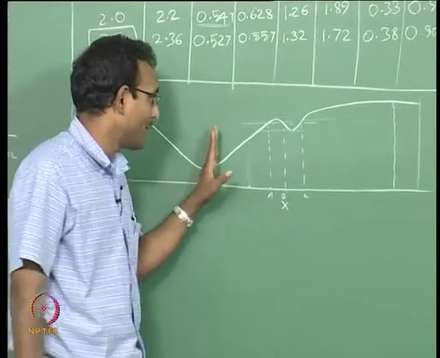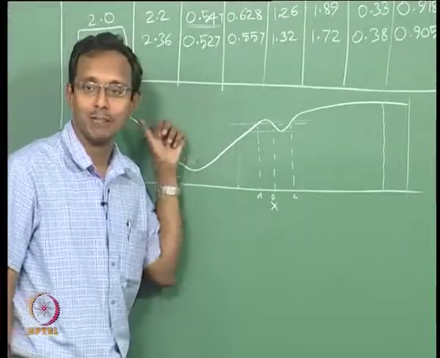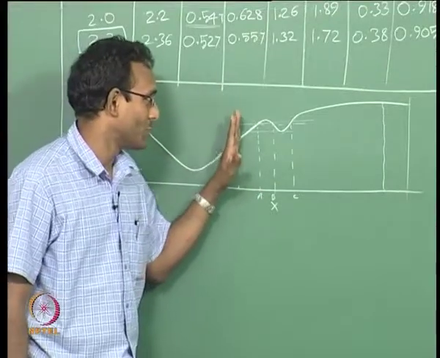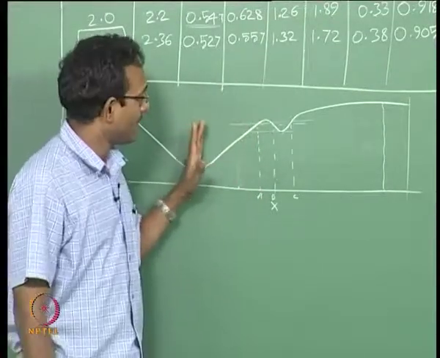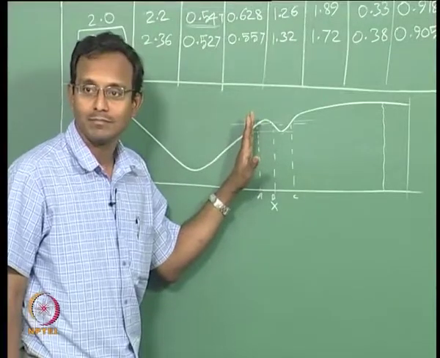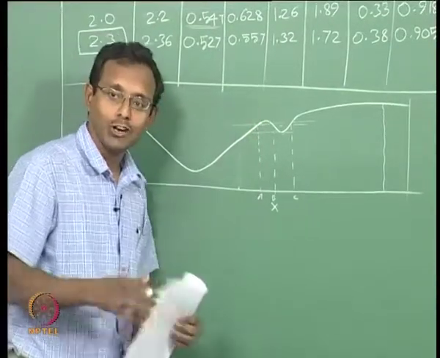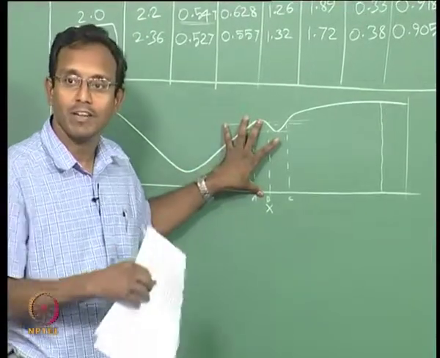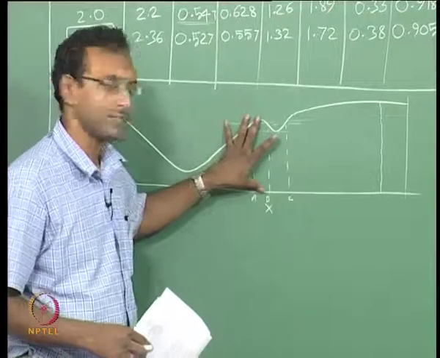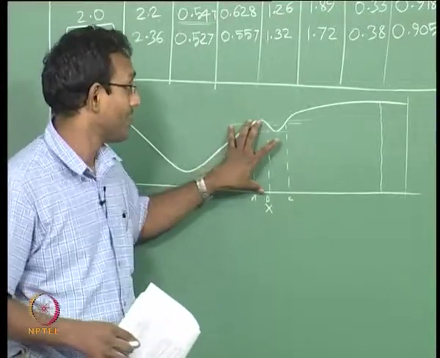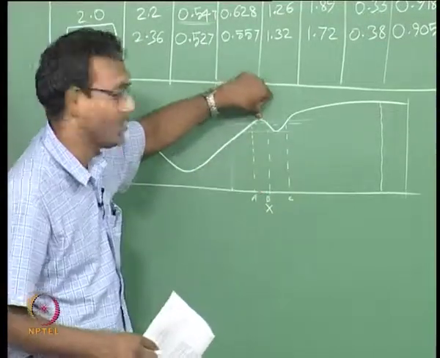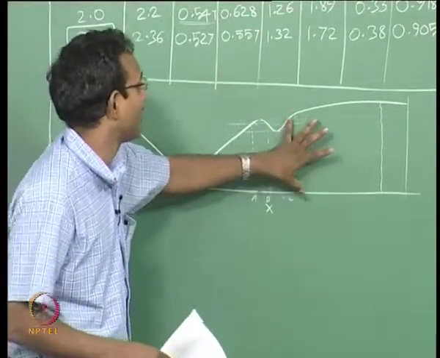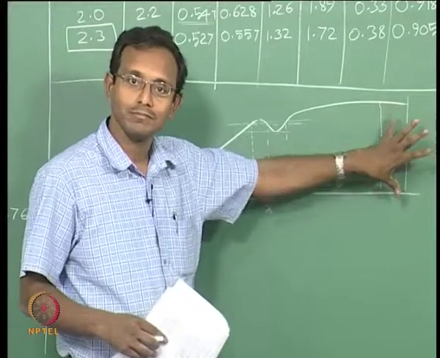If I am slowly making the shock move from here, say I am increasing P naught, keeping back pressure constant, as the shock is moving continuously, it will reach point A. Till the shock goes to this area, I keep on increasing P naught, it will be sitting on this side. If it needs to go to a higher area than this maximum point here, then it will jump to that point and from there it will keep on increasing area further.